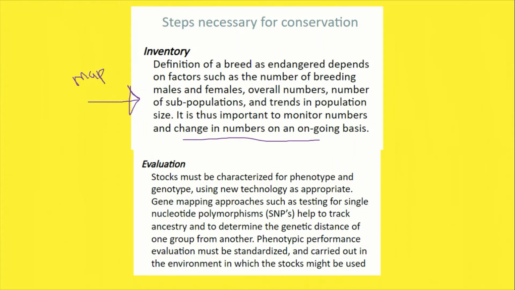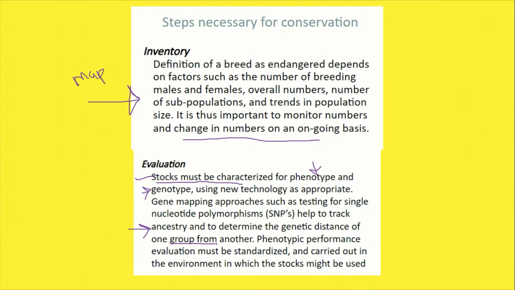Then you have what we call evaluation. Stocks must be characterized for phenotype and genotype using new technologies as appropriate. So here we want to define phenotypes and also define genotypes. Gene mapping approaches such as testing for single nucleotide polymorphisms help track things like ancestry and determine the genetic distance of one group from another.